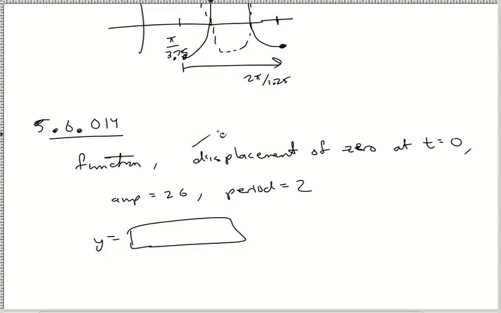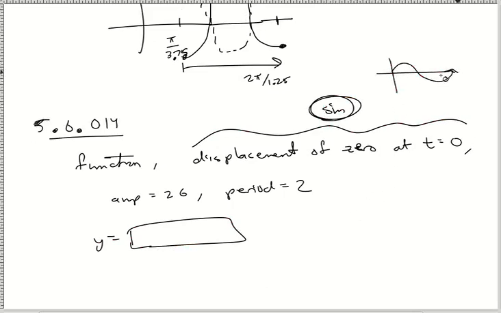Well, when it says displacement of 0 at t equals 0, what they're actually saying is sine. If you notice the sine, it does this, right? At 0, how high is it? 0. So this is my y value at the x value. Period equals 2, so again my period is 2 pi over b.